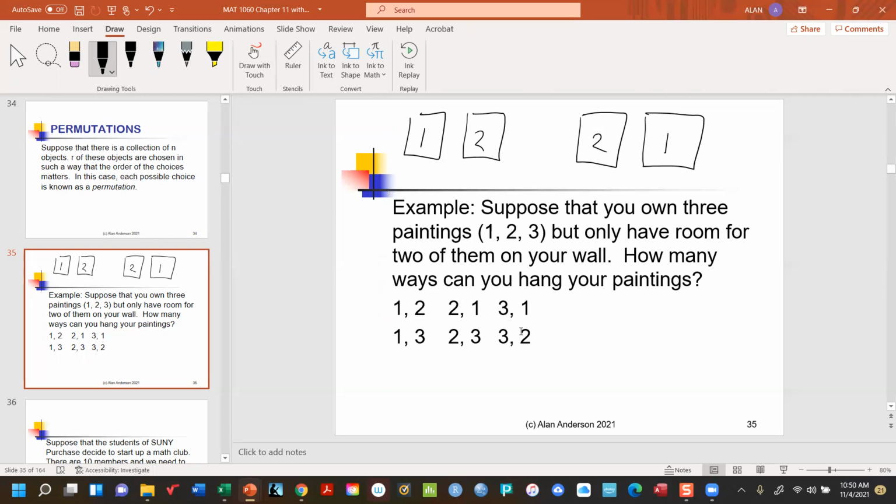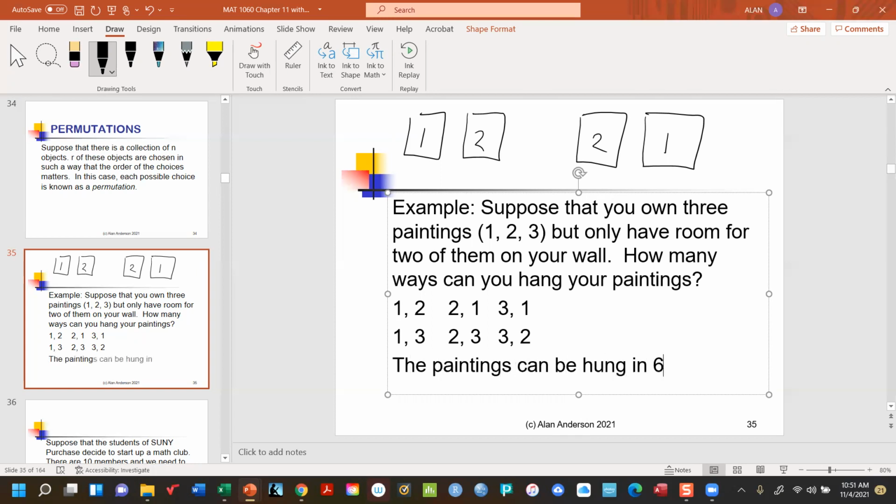It determines where they'll be placed on the wall. So there are 6 ways we can hang the paintings. Six different ways. Each choice is a permutation.